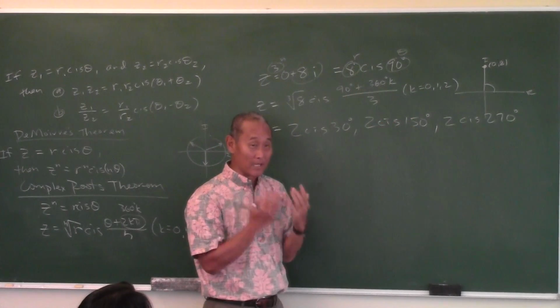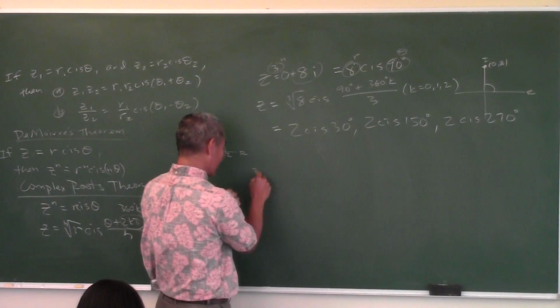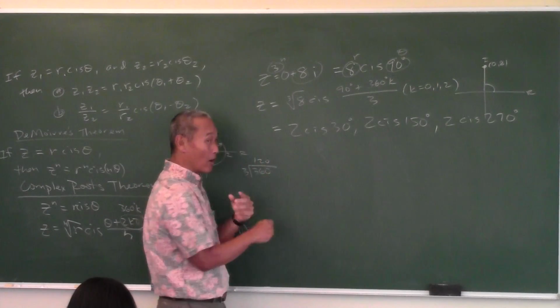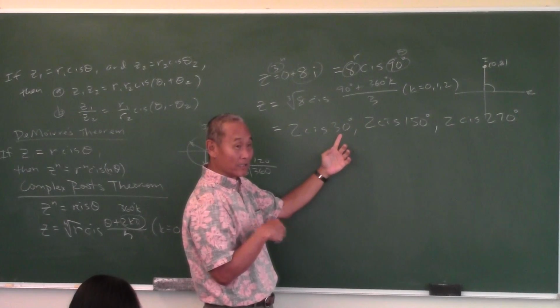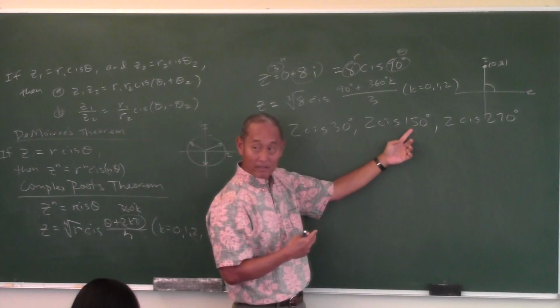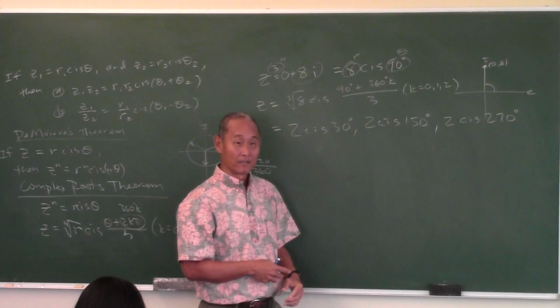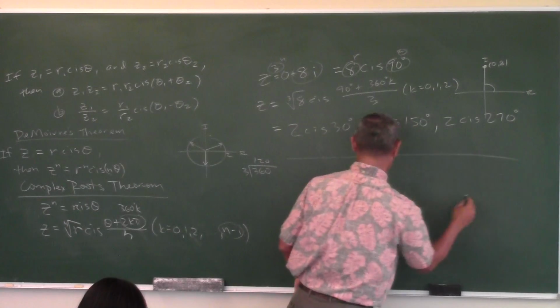If there are 3 answers, 360 divided by 3 is 120, so they're always 120 degrees apart. For the second answer just add 120, and for the third just add another 120. So you really just have to know how many solutions there are. Exactly. So let's just do one more and we're done today.